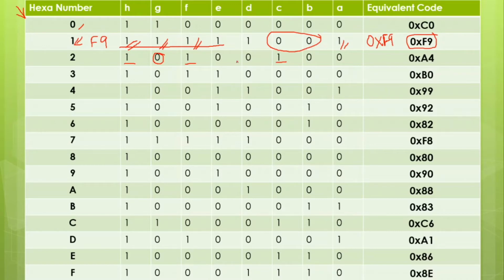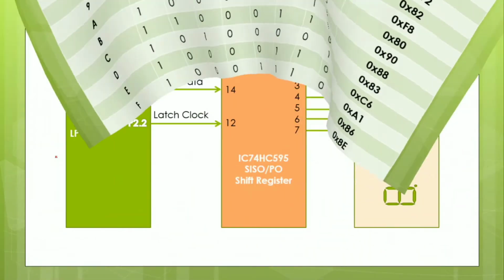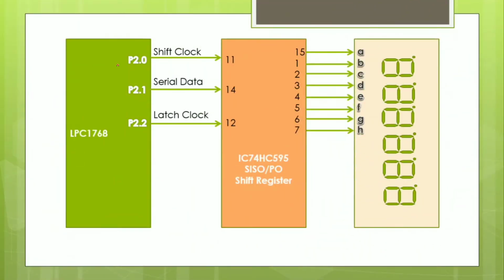What is 1010? It is A. What is 0100? It is equal to 4. Like this you are going to encode each and every value. So this is the hexadecimal equivalent 8-bit number for the hexadecimal values. Now in the next slide we will understand the operation, how it occurs.